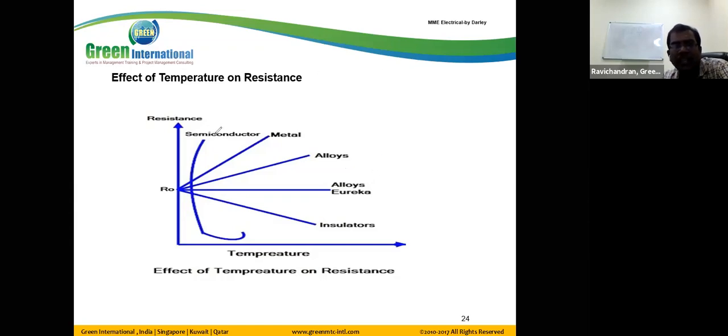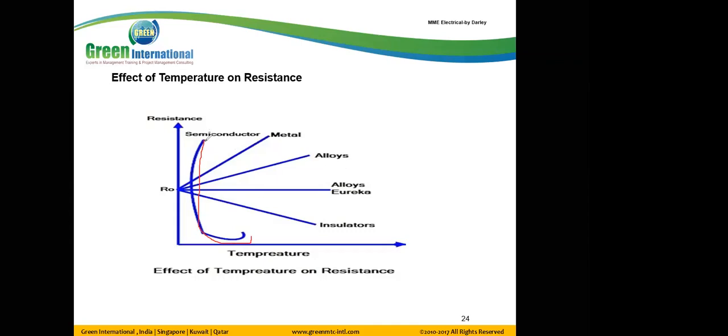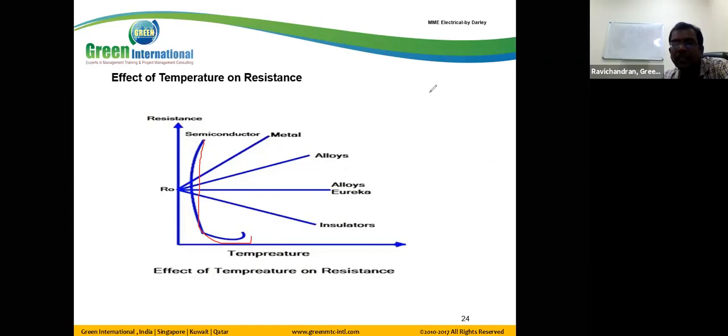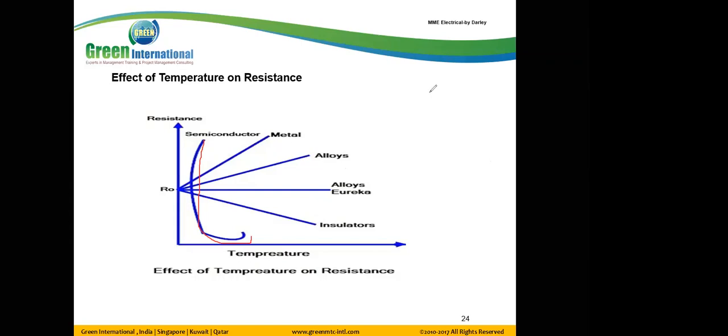Semiconductors have the property of a positive temperature coefficient as well as a negative temperature coefficient. So the behavior may change as the temperature increases. We will discuss that behavior in detail in the electronics topic.